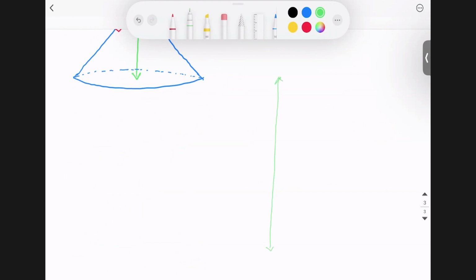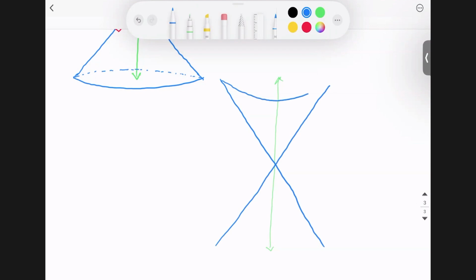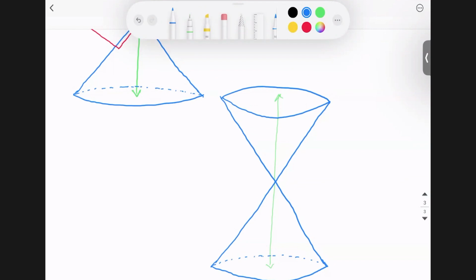This is the fixed axis. This is the blue one. That is the conic, you can say. And here I am drawing the plane like this.